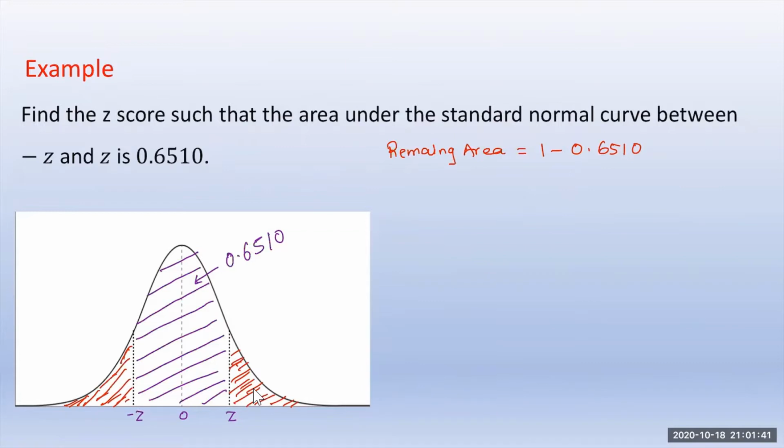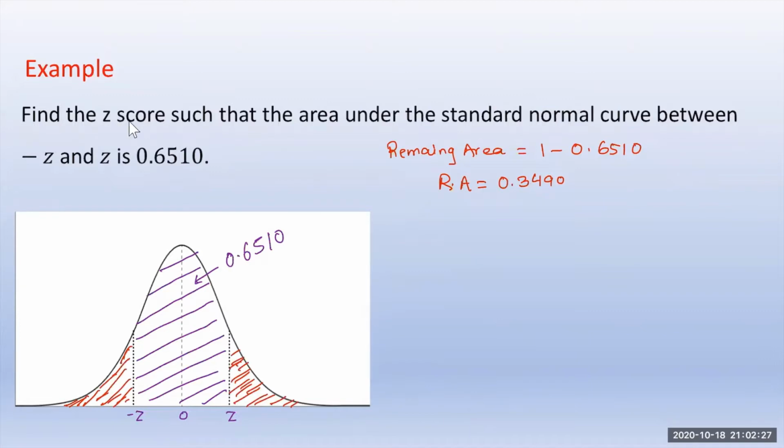So let me write RA for remaining area, which is equal to 0.3490. So area on the left tail plus area on the right tail is 0.3490.